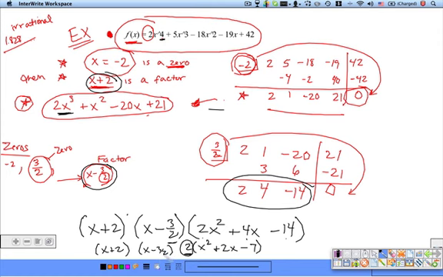That was the real factor. Okay, so final factors are x plus 2, 2x minus 3, because I distributed that 2 here, which I don't distribute to everything, just that one section, and then you got x squared plus 2x minus 7.